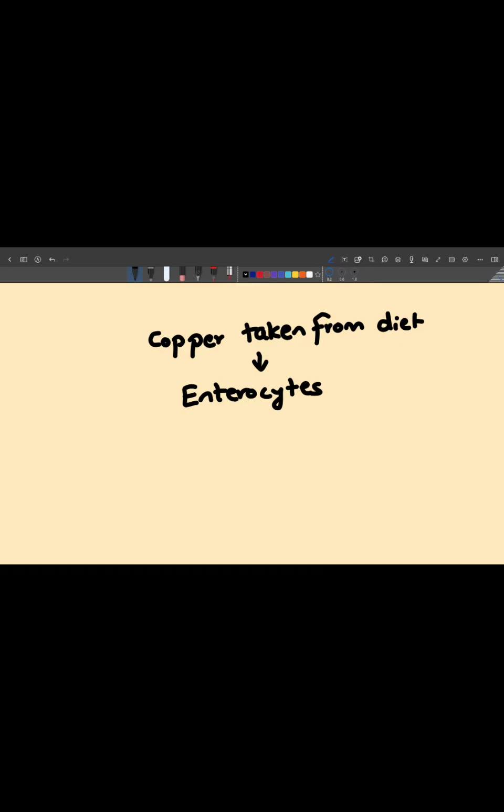What happens in our body is copper is taken from our diet. From there it reaches the enterocytes. Enterocytes mean cells of the intestine, particularly the duodenum and the proximal part of the small intestine.